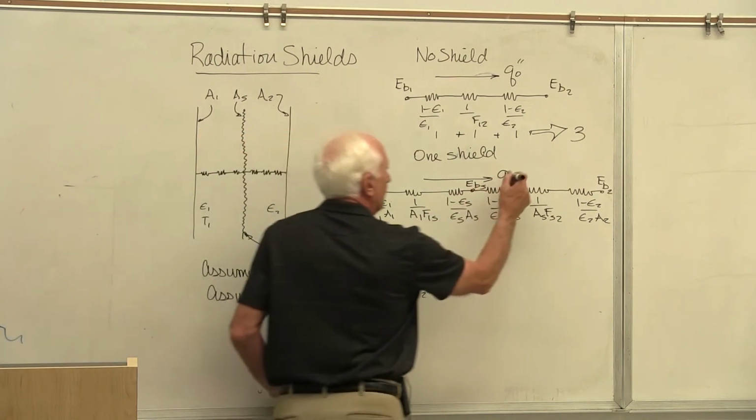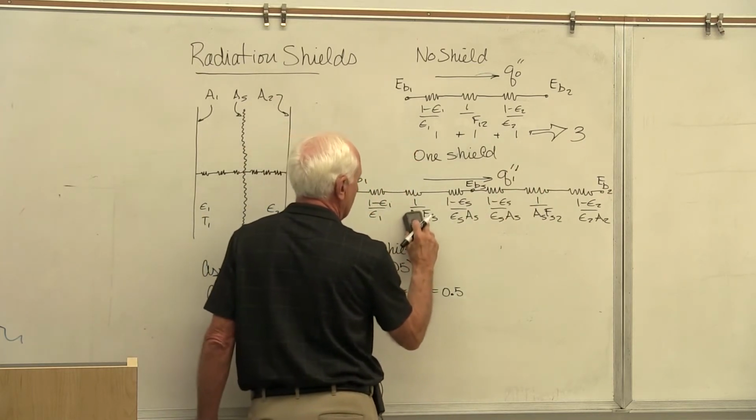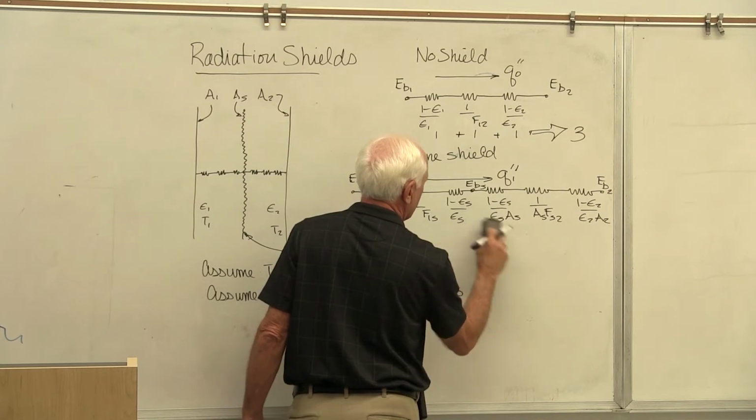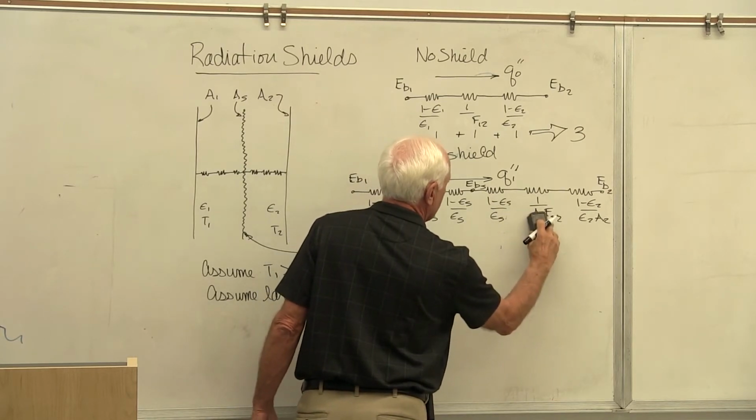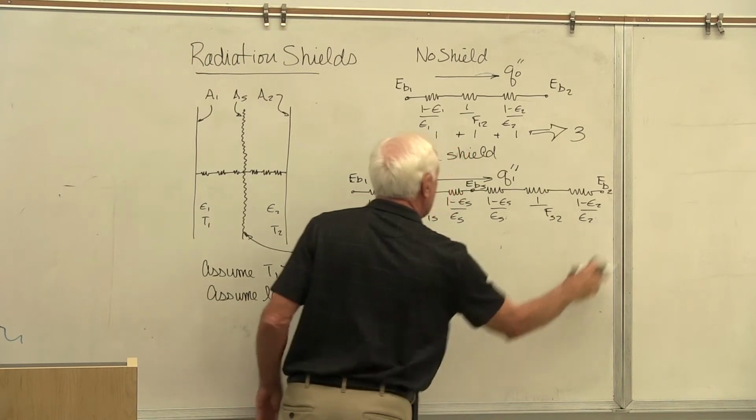I'll make this Q1 double prime. The areas are all the same, get rid of them. Divide through both sides of the equation for the Q, the heat flow, by the area.